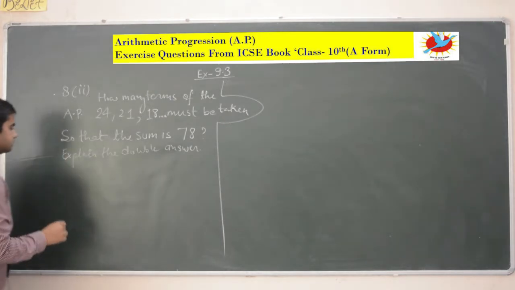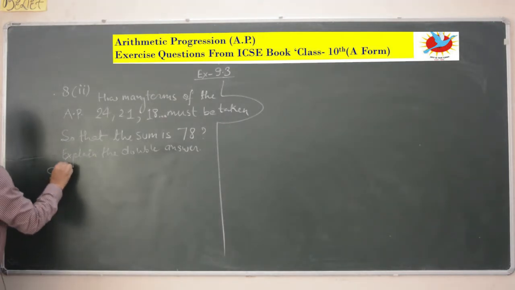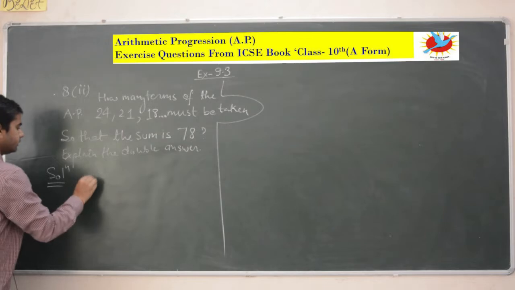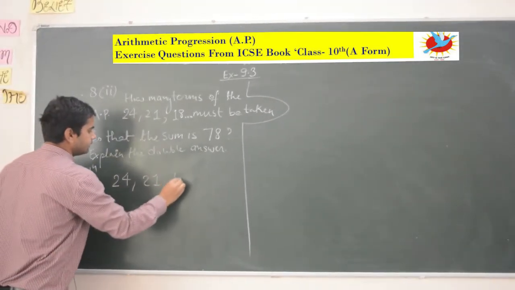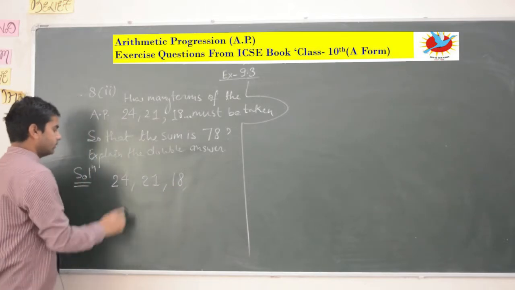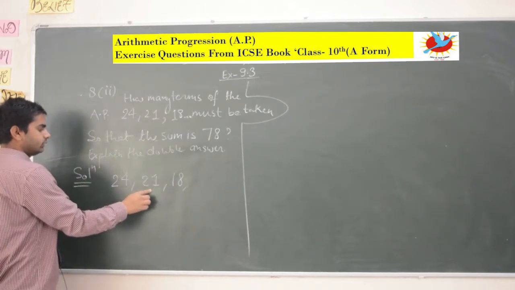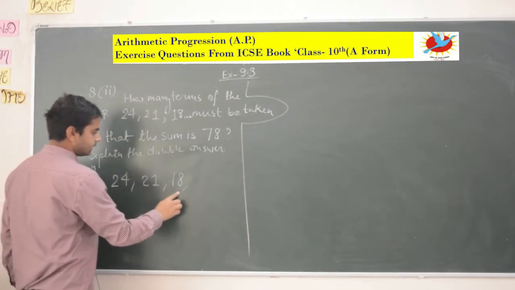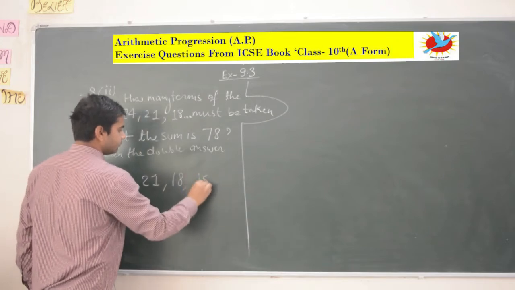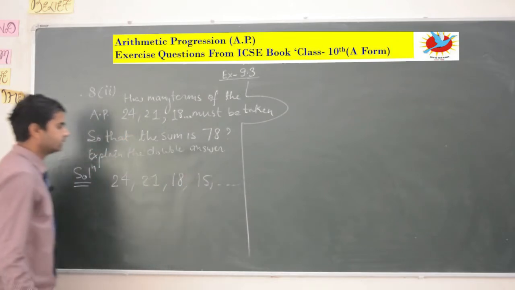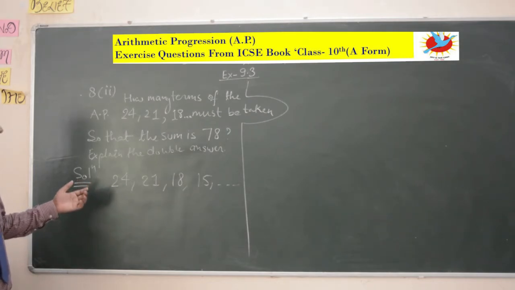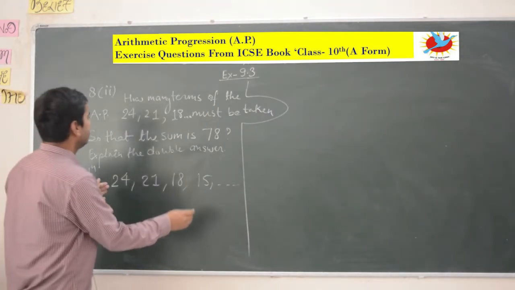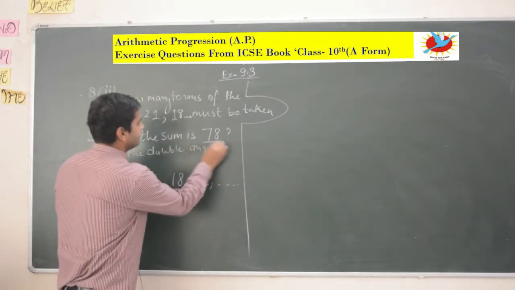So our sequence is 24, 21 and 18. The next term will be 24 minus 3, that is 21, 21 minus 3 is 18, 18 minus 3 will be 15. Now we have to tell how many terms of this sequence will make the sum 78.